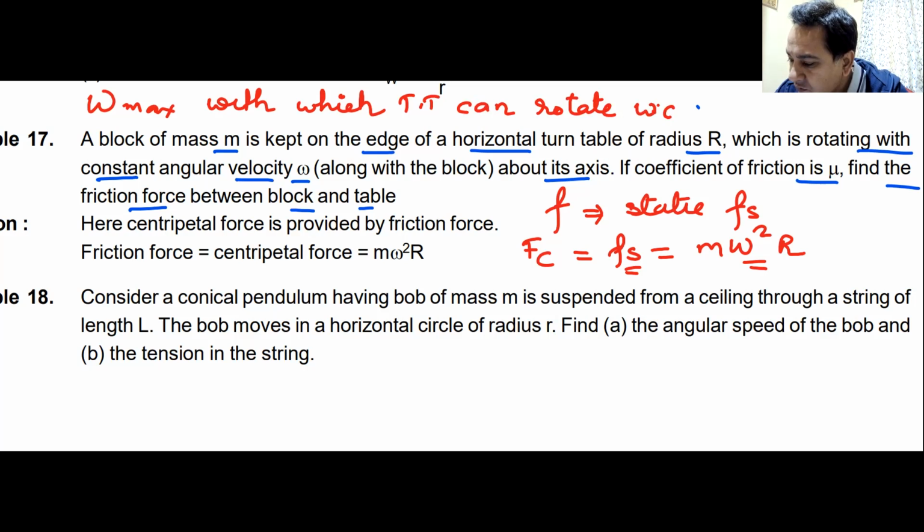If I increase my angular velocity slowly, at some point in time, the block will slip away. You have to tell me at what angular velocity this block is going to slip away.